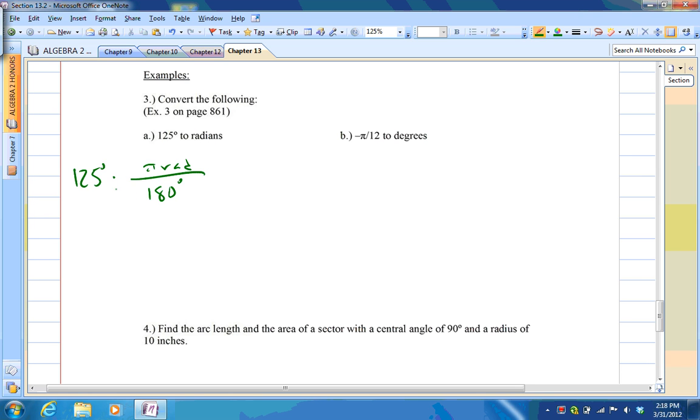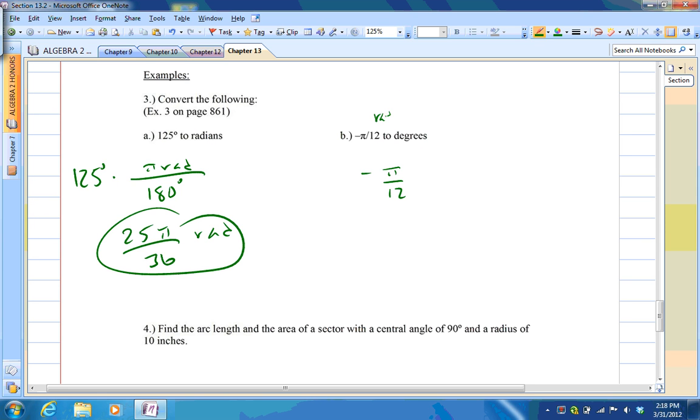So if you work it out, you should get 25 pi over 36 radians. Here, negative pi over 12 radians to degrees. Simply just do this. Those cancel. You should get negative 15 degrees.